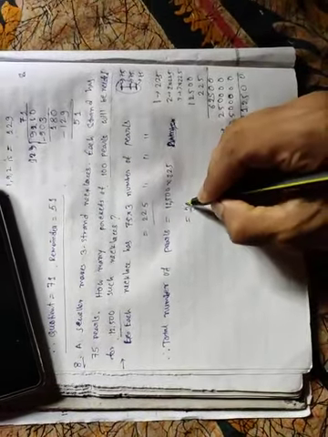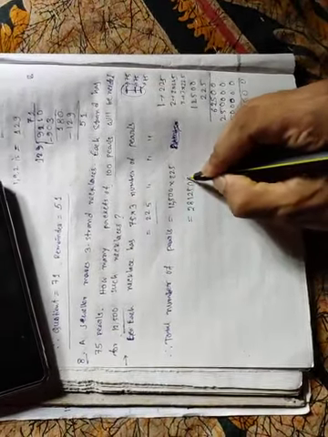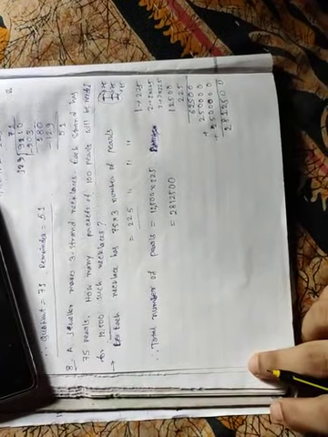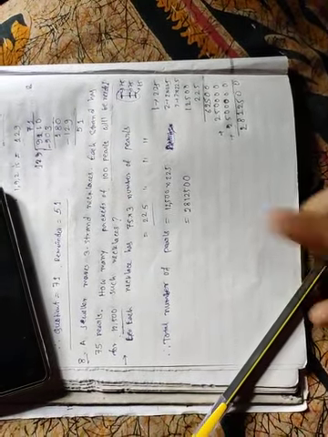That means the total number of pearls is 281250. So clear? Total number of pearls.